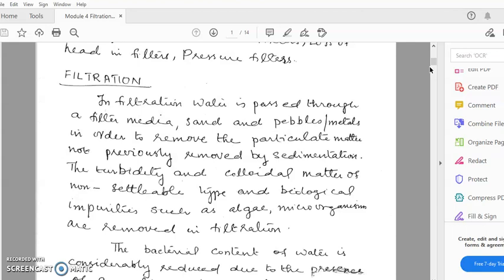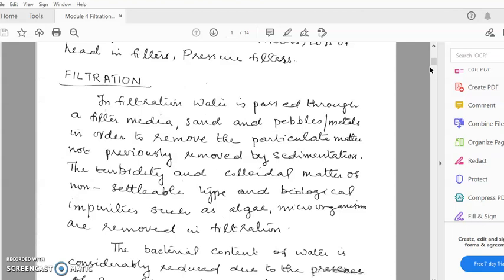And why do we need this media? It is to remove the particulate matter which is not previously removed by sedimentation. The turbidity and colloidal matter of non-settlable type and biological impurities such as algae, microorganisms are removed in filtration.